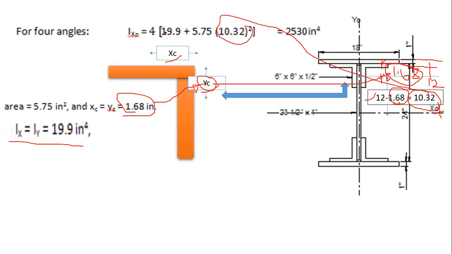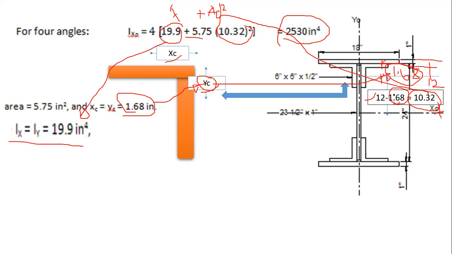So the area is 5.75. The centroid is already given. I'm sorry, the moment of inertia is given to be 19.9. We just follow the formula, Ix plus Ad squared, so we have this value.